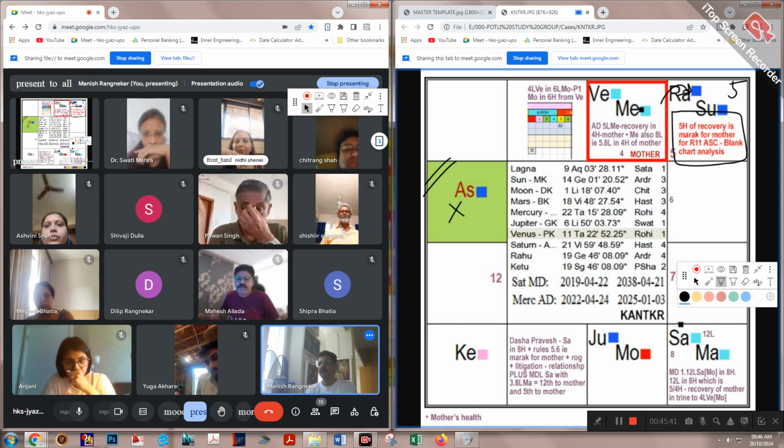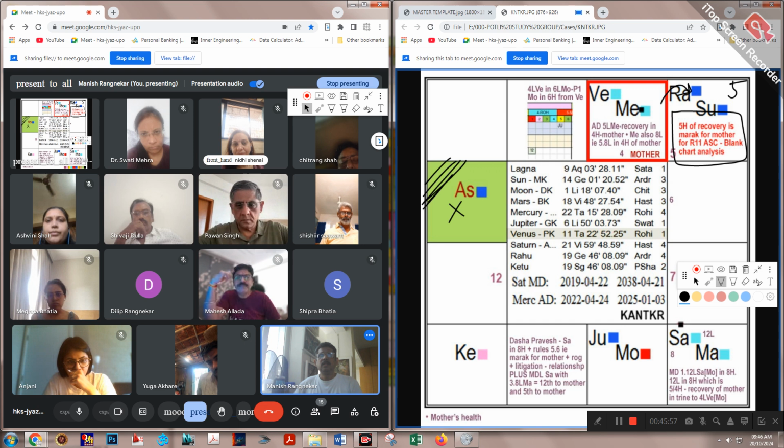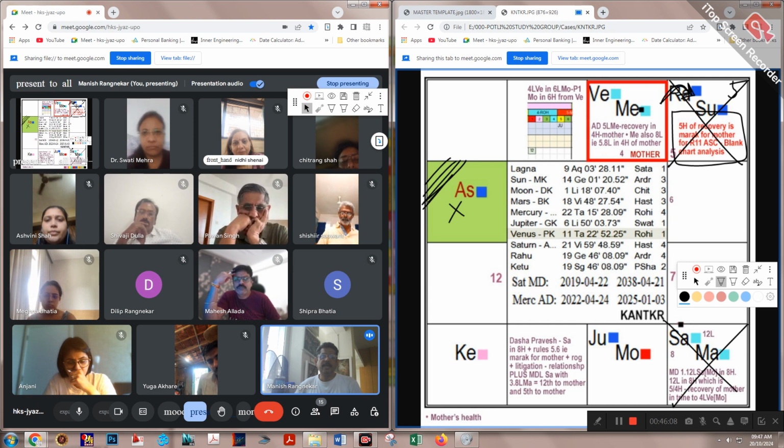Anyone not understood? All understood? Very good. So, in a Makar ascendant, what is Makar? Aquarius ascendant, the fifth house of recovery becomes the marak for the mother, and the other house, which is the eighth house, becomes the fifth house for the mother, which is recovery for the mother.